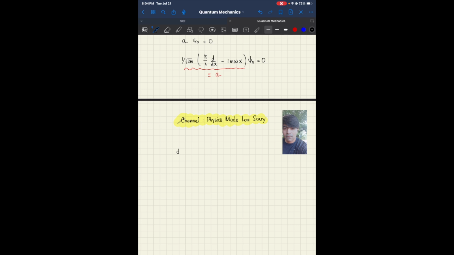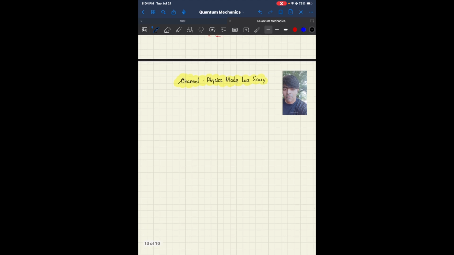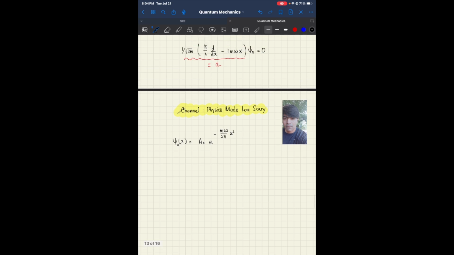Since the lecture is getting a bit longer than I expected, I claim that the solution of this equation for psi naught, a first order differential equation, is some constant times a function. If it's an nth order differential equation, it would have n constants. It's a first order differential equation, so it has one constant. And we have seen in previous classes that there is always a constant of integration, which you need to fix from the probability interpretation of the wave function, or in other words from its norm.